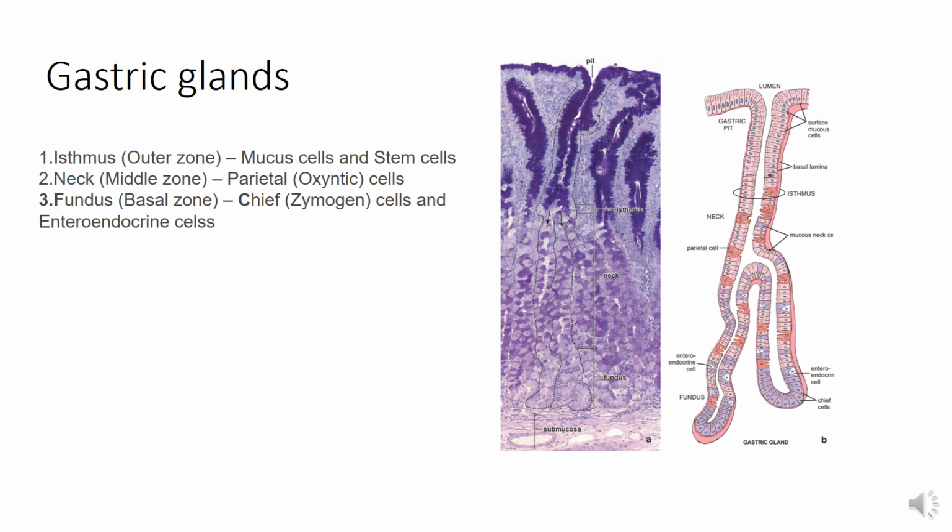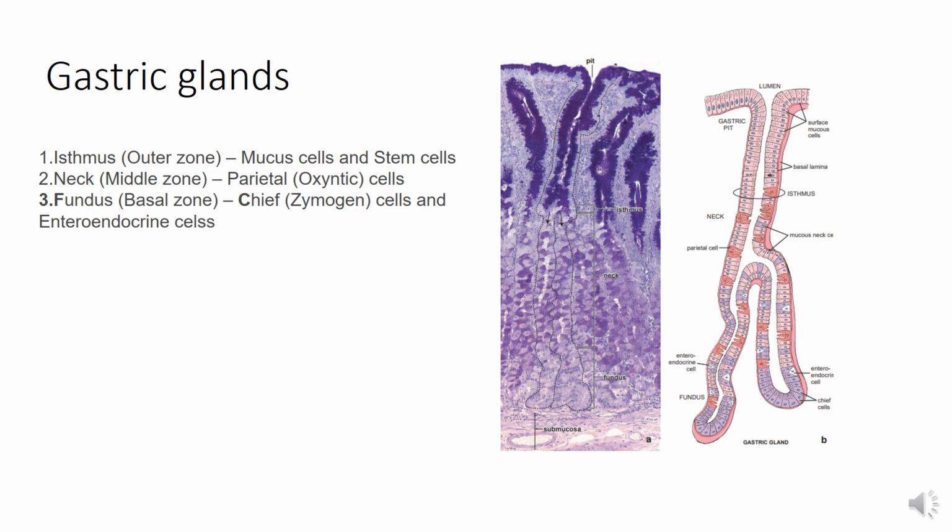So the lamina propria of the gastric mucosa contains a large number of glands that open up into gastric pits. On the basis of distribution and difference in structure, these glands are classified into the following three varieties.